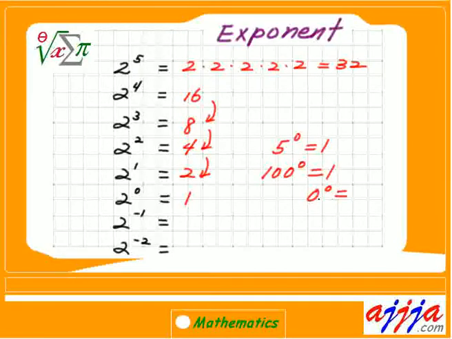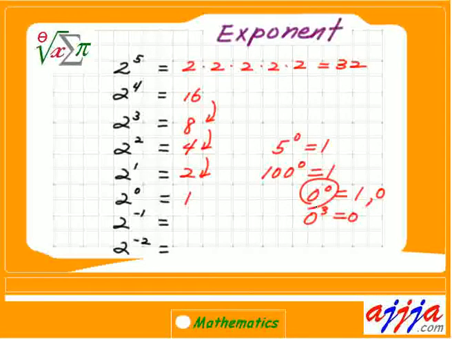You know what? By this rule, it can be 1, but for 0 to any power, like 0 times 0 times 0 times, how many times? 100 times, still 0, right? 0 to the 3rd power is 0. So wait a minute, that means this one can be any number, like 1 or 0.